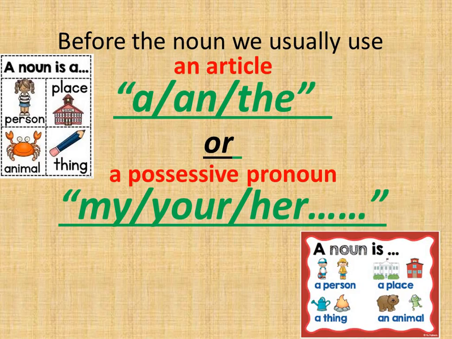We use possessive pronouns, like my. This is my dog, your cat, her pen, his uncle. So all these words, we use them before the noun. If I find any of these articles or possessive pronouns before a word, I know that this word is a noun. So I'll try to guess the meaning of it as a noun.